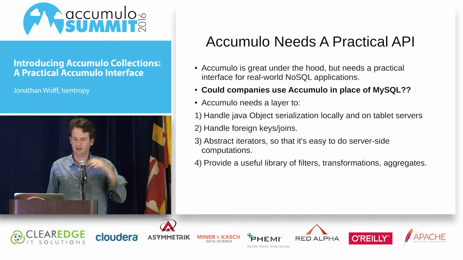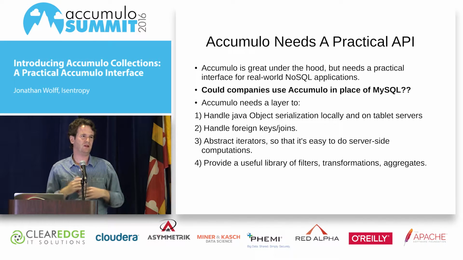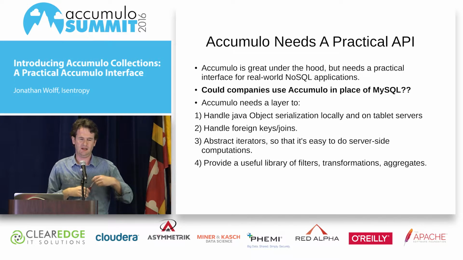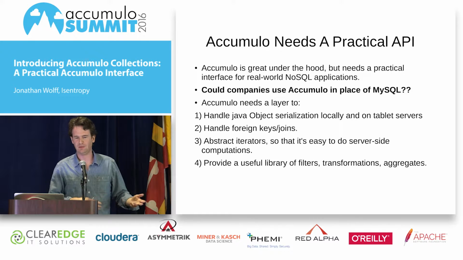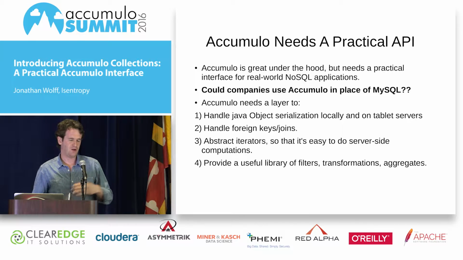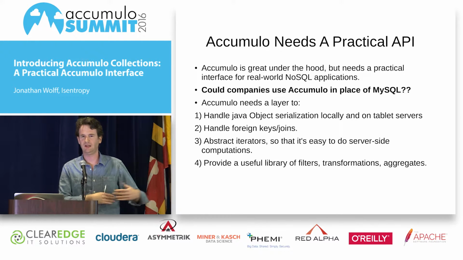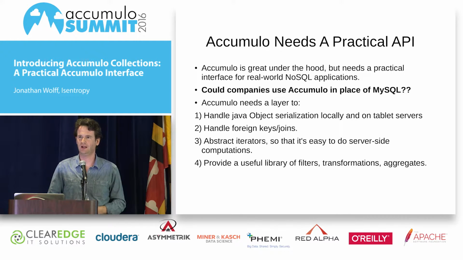Accumulo Collections is based on the concept of a sorted map. So it's a full implementation of Java SortedMap. All the functionality that works with Java SortedMap, key set, entry set, all that kind of thing, is implemented. And you provide a Serde. So the Serde interprets the bytes locally and also on the tablet servers. An important factor is that the tablet servers actually read deserialized Java objects.